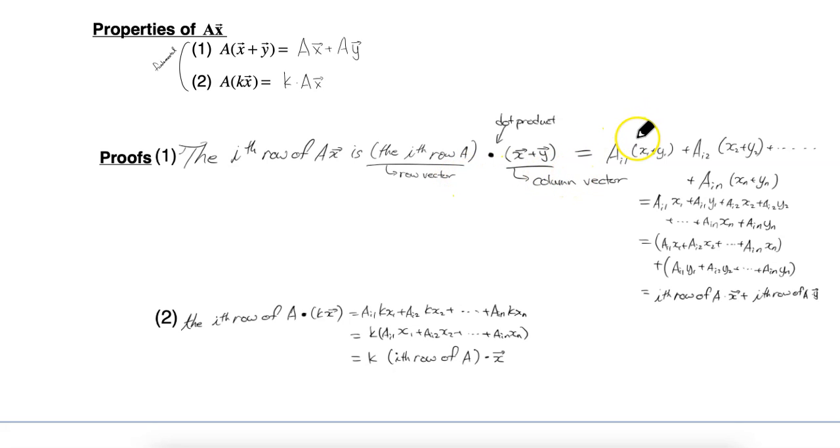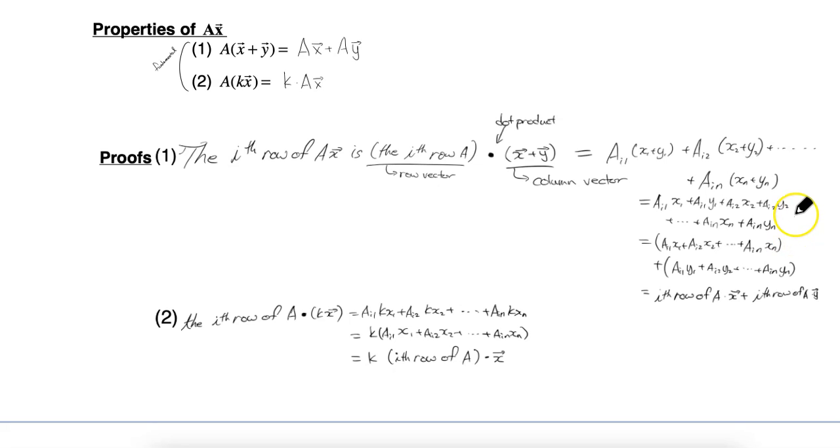And if I look at what this means, the first entry in that row, which is a_i1, is going to multiply x1 plus y1, and then the second entry in the row of the matrix is going to multiply the second entry in the column vector x plus y, and I can just proceed to do that, and in this step here I am able to separate all the x components and all the y components.